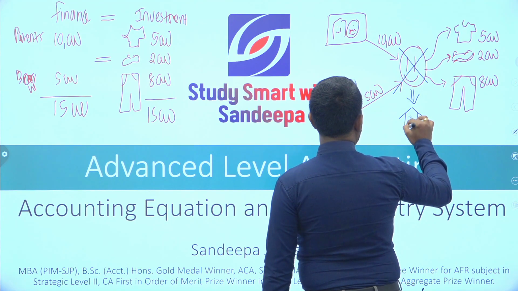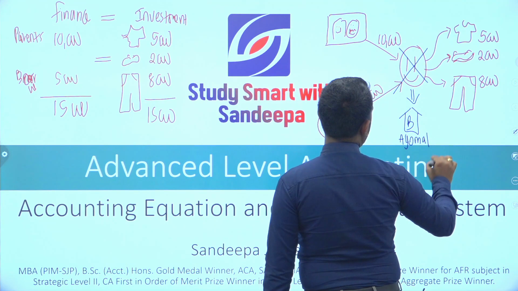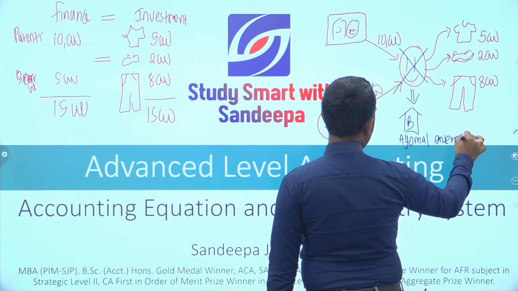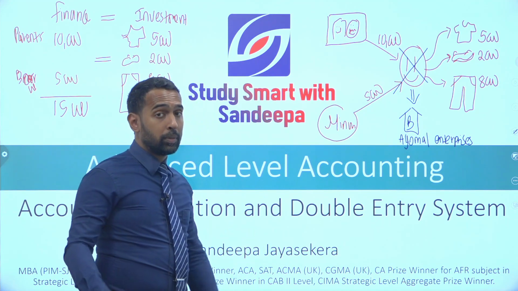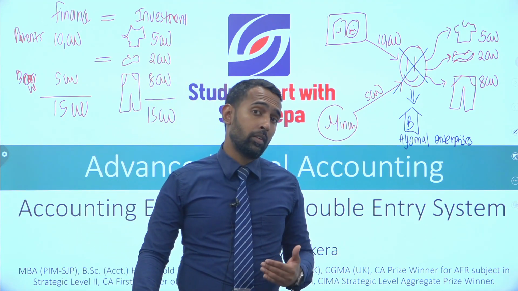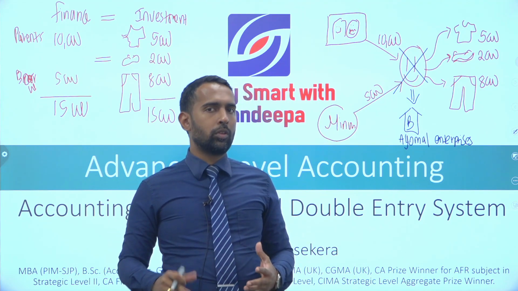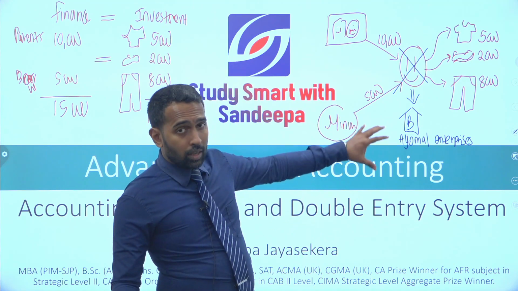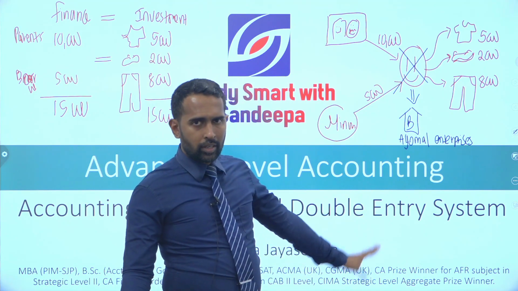Let's say this is Ayomal Enterprises. So instead of that person in that simple example, now we are trying to put them into more accounting terminology, right? We are going to look at it from a business point of view. Instead of Ayomal as a person, we consider him to be a business. Okay, it's Ayomal Enterprises.